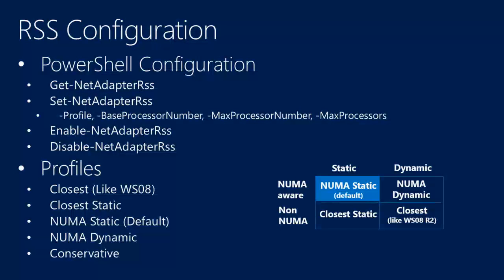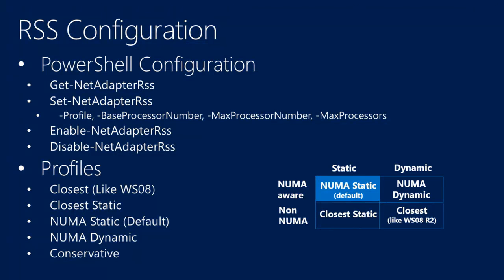So just to kind of wrap up here, we also have profiles, and the profiles are how your indirection table gets set. So you have closest static, NUMA static, and NUMA dynamic. What closest does is that it sets your indirection table to hit the closest NUMA node to your network adapter.